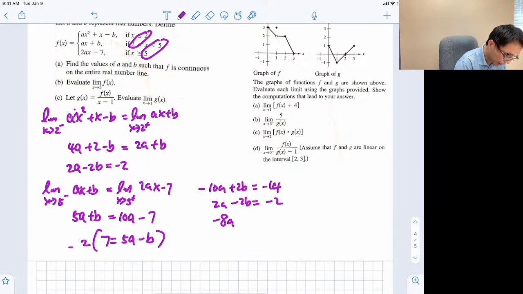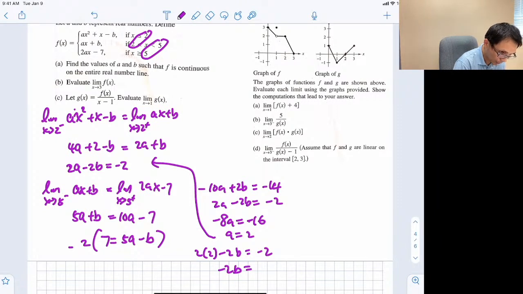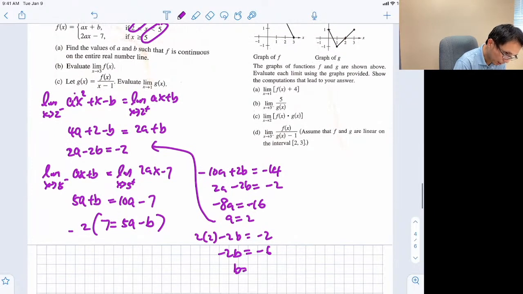So it'll be negative 8a is equal to negative 16, a is equal to 2. Now I'm going to plug it back into here. So it'll be 2 times 2 minus 2b equal to negative 2. So it'll be negative 2b is equal to, subtract 4, negative 6. b is equal to 3.